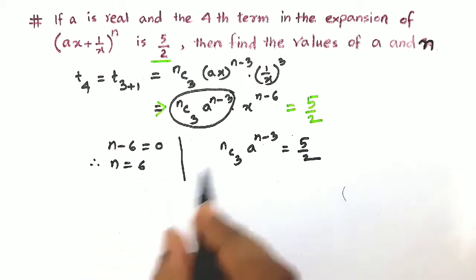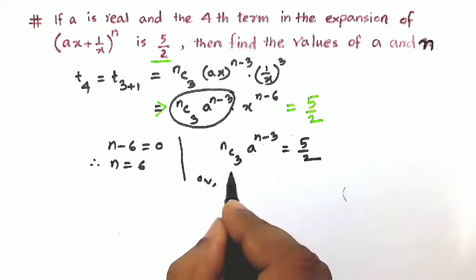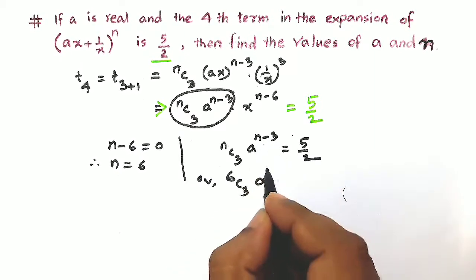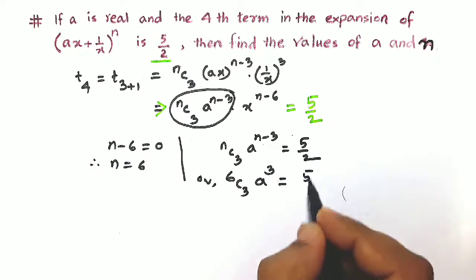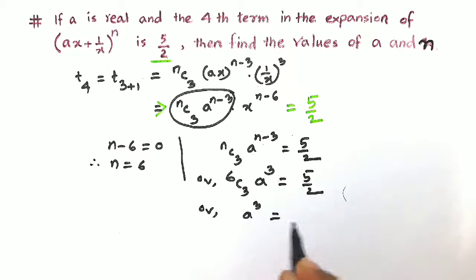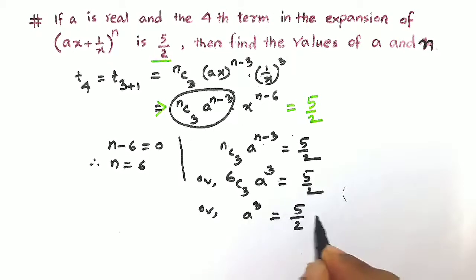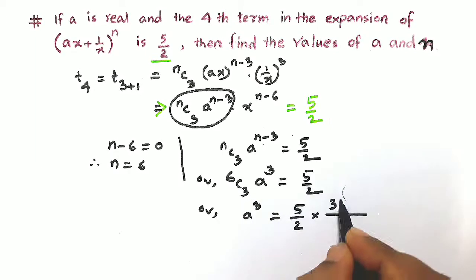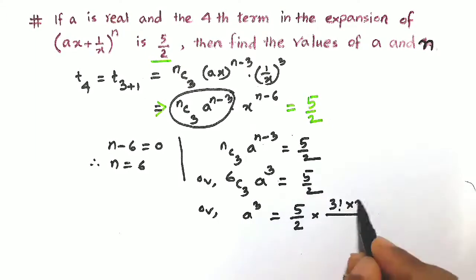Now n is equal to 6, so replace this n by 6. 6C3 a^(6-3), that is a^3, is equal to 5/2, or a cube is equal to 5/2 into, break this 6C3, so it will be 3 factorial into 3 factorial divided by 6 factorial.